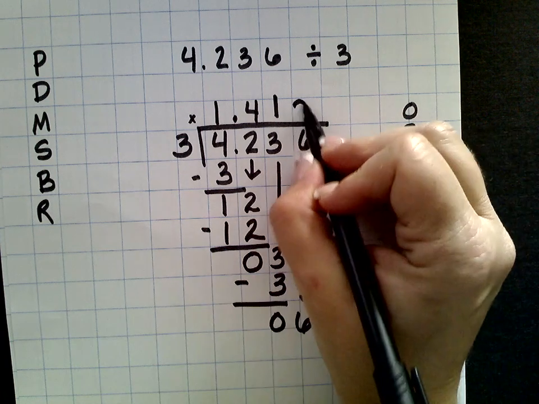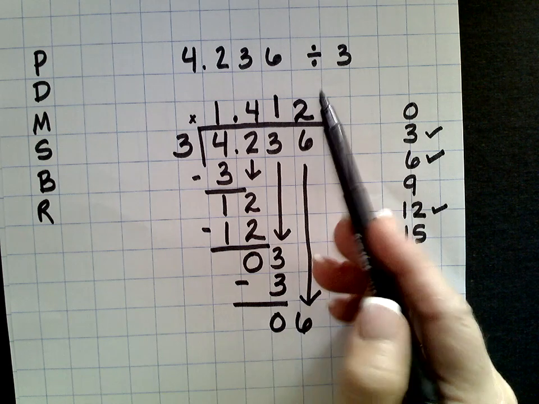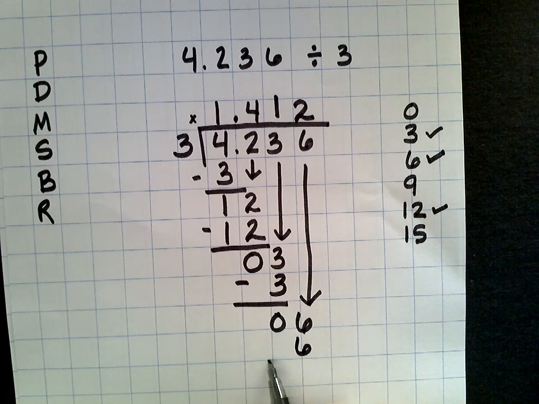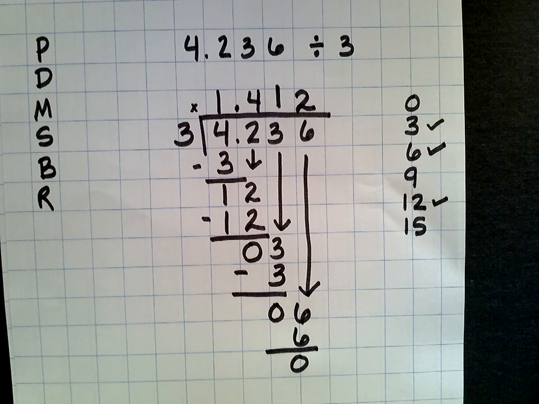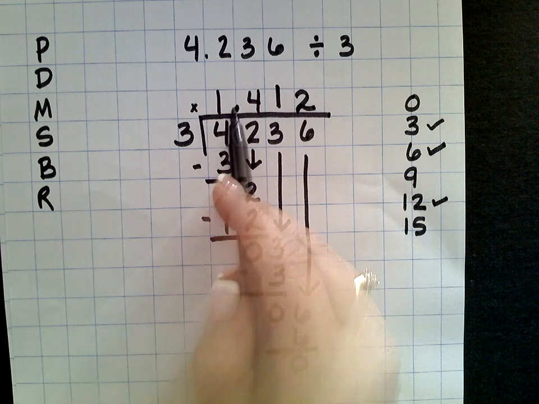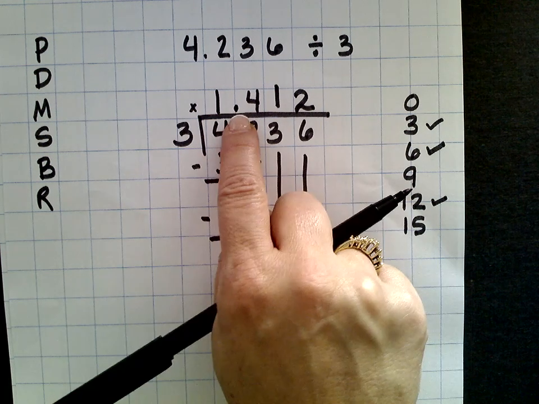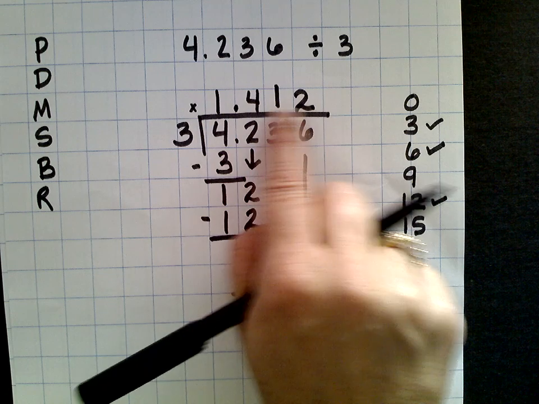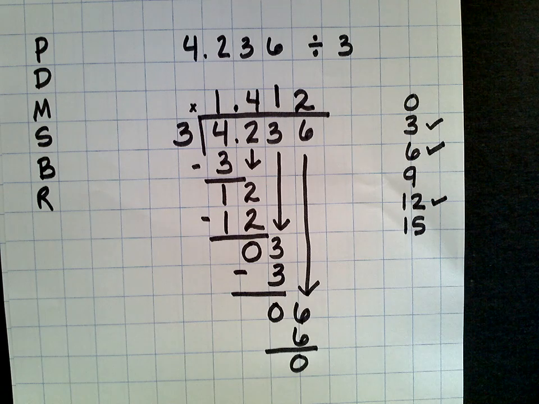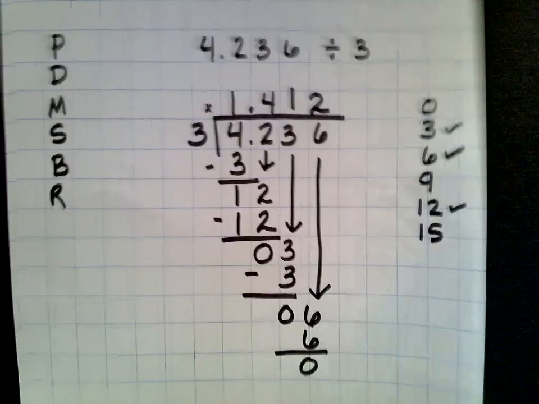So this 2 goes up above the 6. 2 times 3 is 6. Subtract. Nothing to bring down. Nothing left over. So my quotient, remember that is the answer to a division problem, is 1 and 412 thousandths. All right, let's try another one.